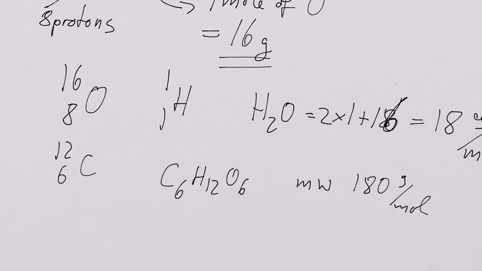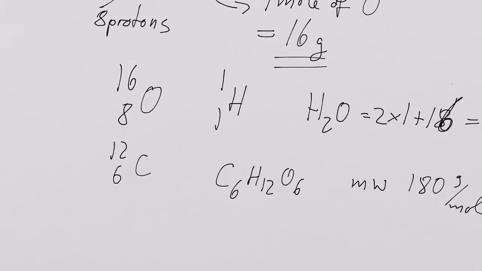So you see, you can very easily determine the molecular weight as long as you have the formula for your substance. Actually, do you know how I did that? Very quickly. I know glucose. What kind of molecule is glucose? A carbohydrate. How would you write carbohydrate?